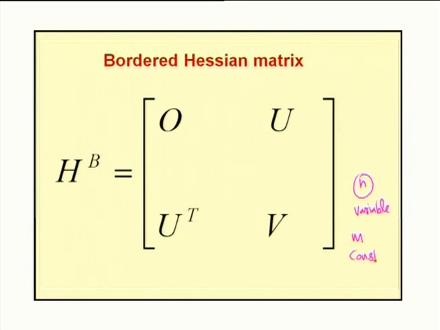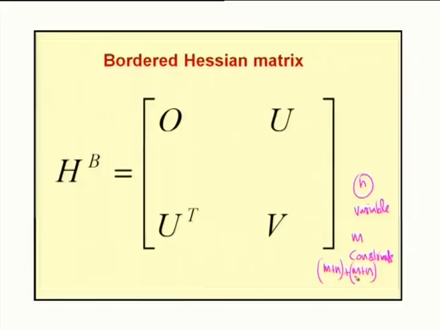So, consider a NLPP of n variables and m constraints, then the corresponding bordered Hessian matrix is of order m plus n cross m plus n.